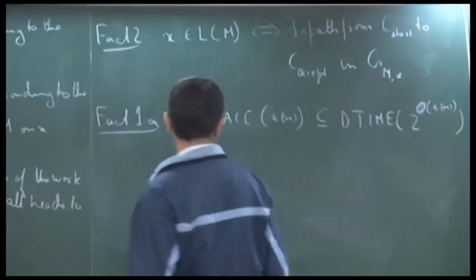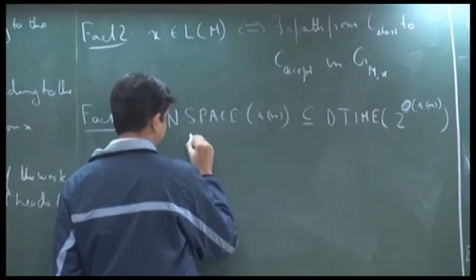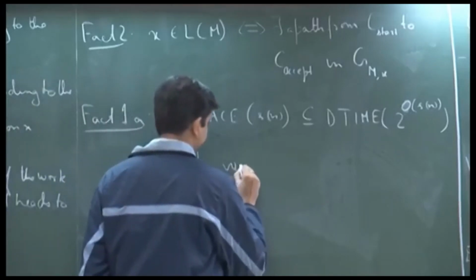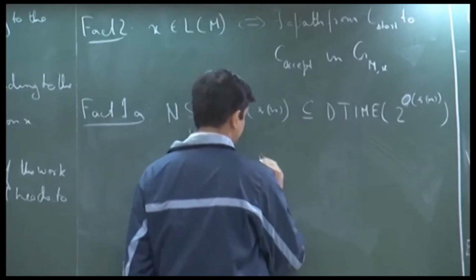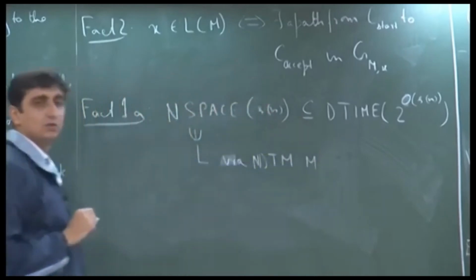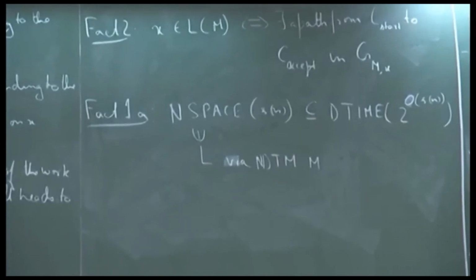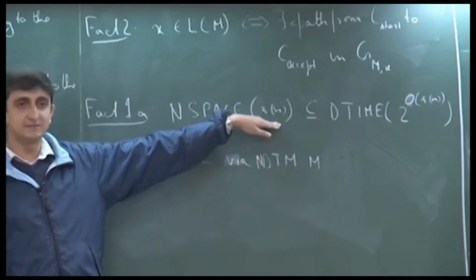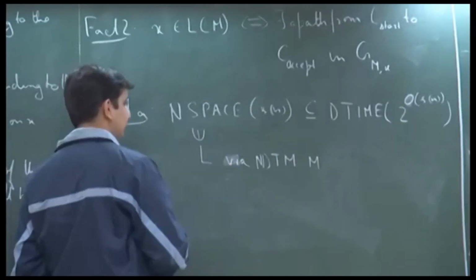Exactly, since the machine is restricted to use this much amount of space, the total number of different configurations, as we just argued a little while earlier, is at most 2 to the power order s of n.